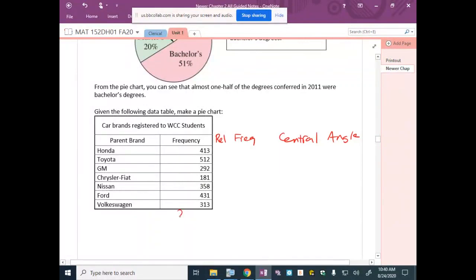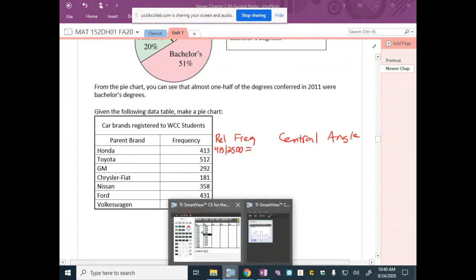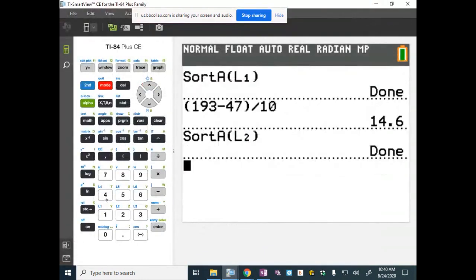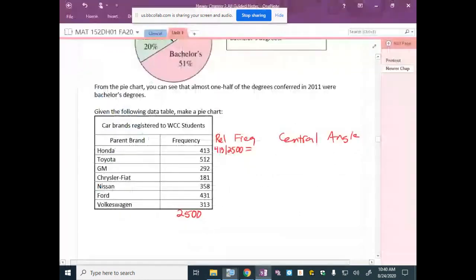When you divide each of these by 2,500, you get a reasonably nice decimal. So for this, 413 out of 2,500 for Hondas, you get 0.1652.